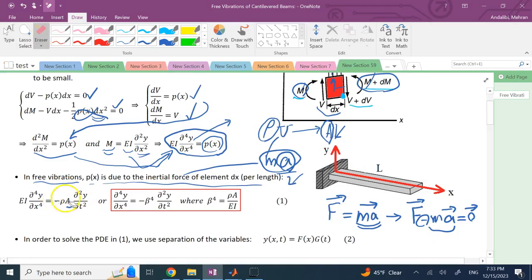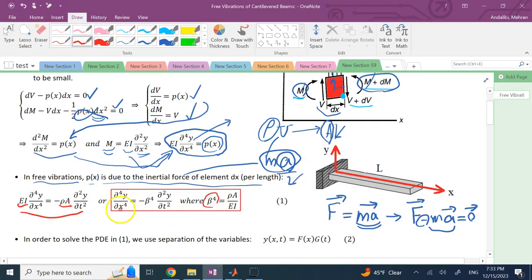So if you plug that in, now I have my governing equation for the vibration of the 1D beam. And here I divide both sides by EI, not EA, so on the right side I get rho A over EI, and I call it a parameter beta to the 4.